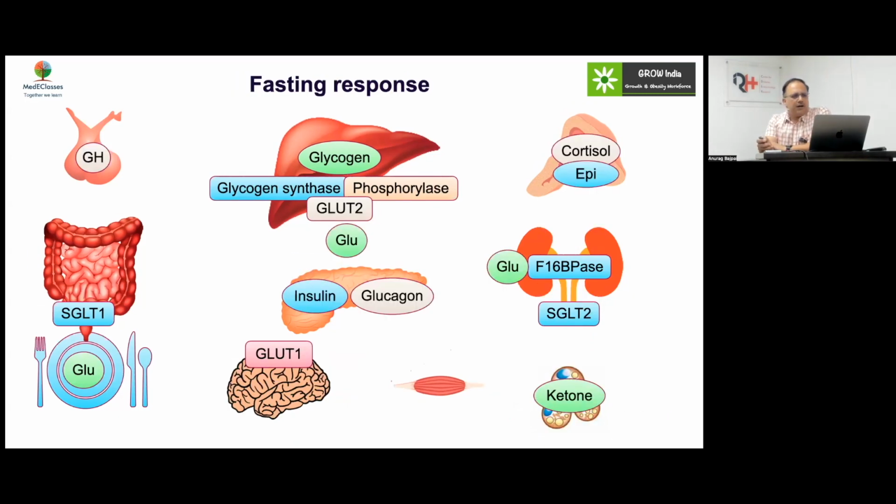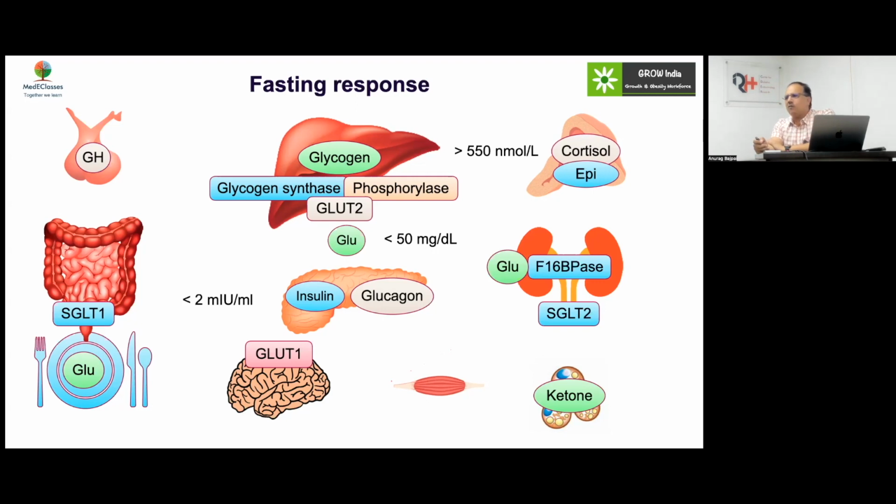So what will happen during fasting? During fasting, when your glucose becomes less than 50, and of course, some people talk about different cutoffs at different ages, when you have hypoglycemia, the first thing should be that your insulin production is shut down. If you have no money, stop spending. That's the main thing. Then you start borrowing. So insulin should be undetectable.